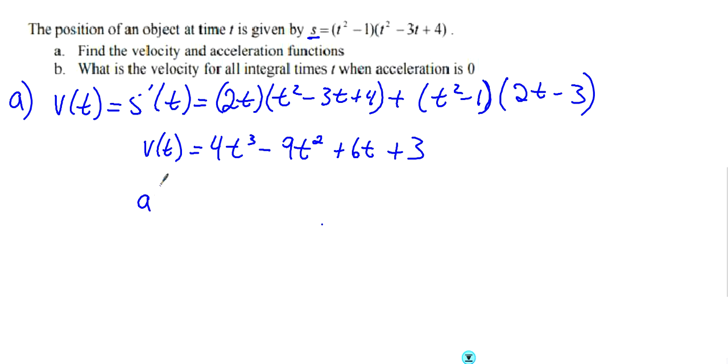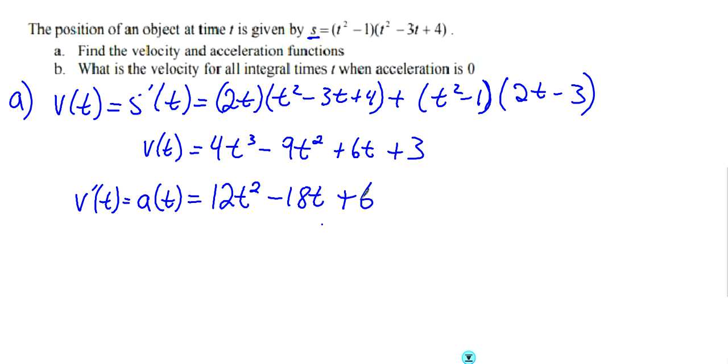Now I need to find my acceleration, which is the derivative of my velocity. When I take the derivative here, I get 12t squared minus 18t plus 6. So that's part B.